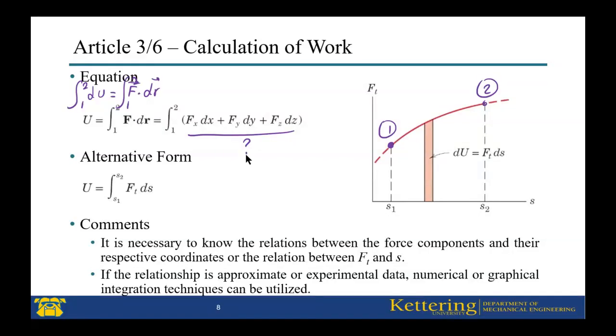Now, how did we find those? Using the dot product of two vectors. If I find the components of the force along i, j, and k, I write F in terms of the components along x, y, and z. And I also write the components of the displacement along x, y, and z.